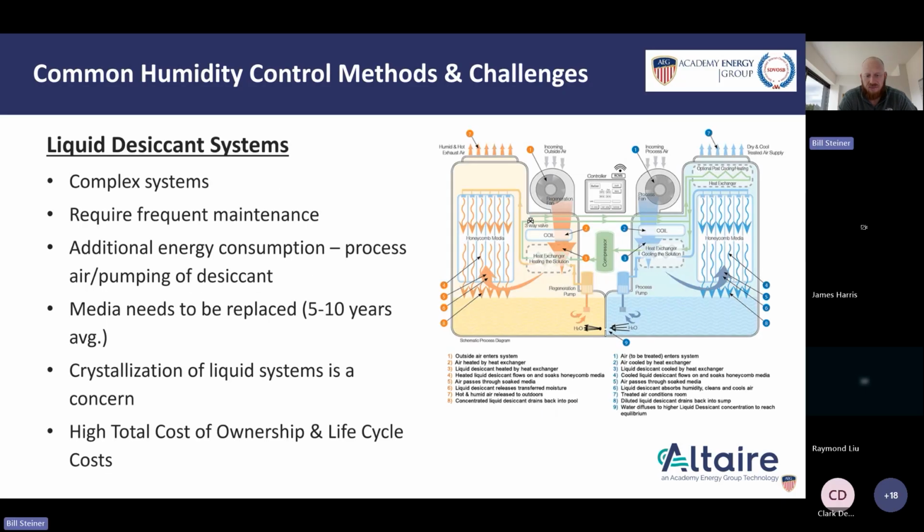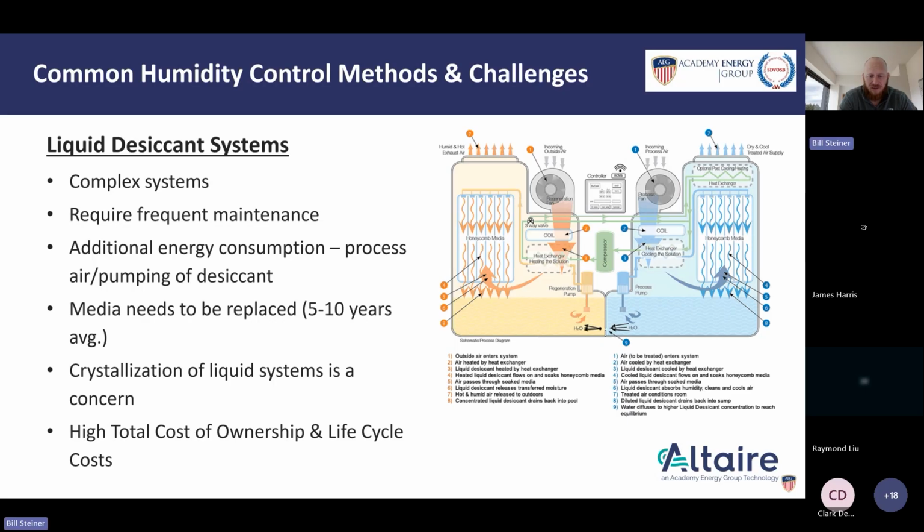Liquid desiccant systems, again, we talked about this kind of in the beginning. They're complicated. There's a lot of components to these that can break. There's media that can become fouled, and render the system either useless or certainly degraded performance compared to commissioning.